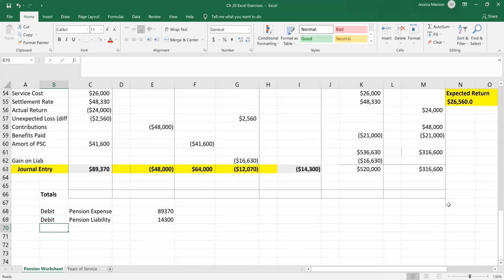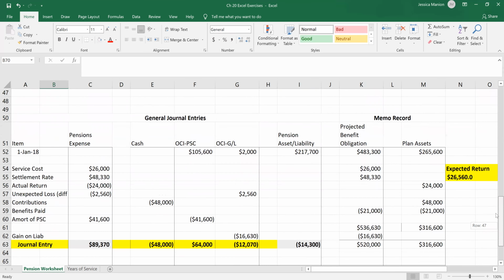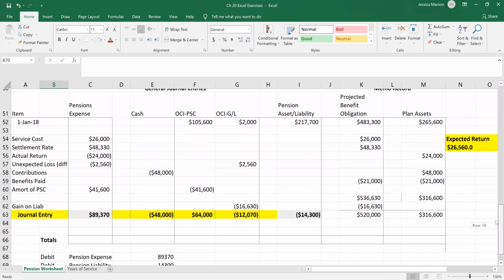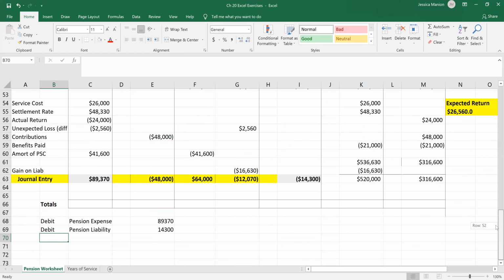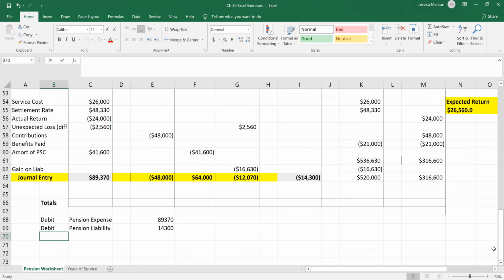Other comprehensive income. So other comprehensive income had a debit balance. And now because we amortized some of it, we had some gains. Now we need to credit other comprehensive income.